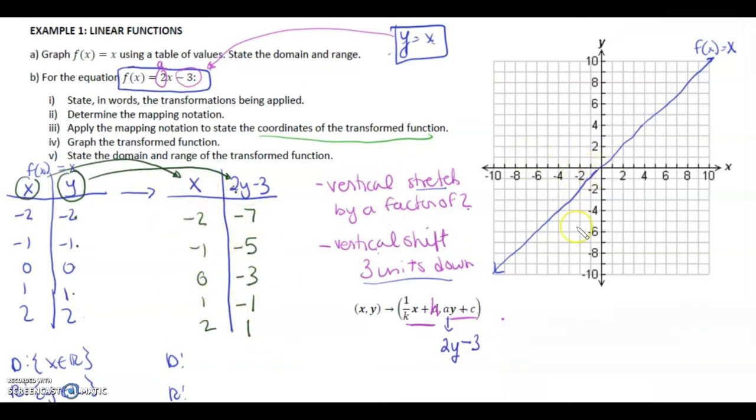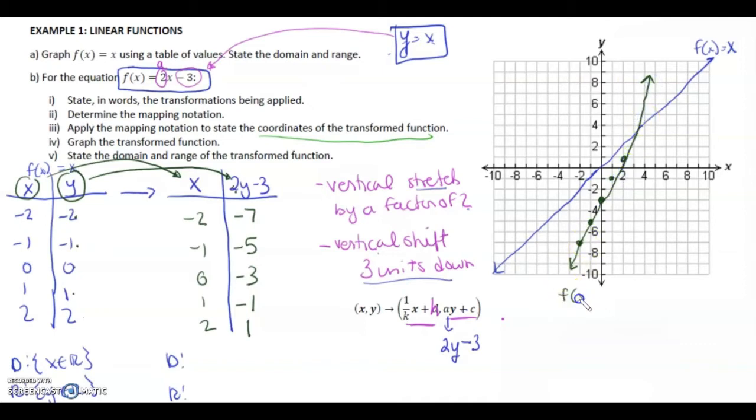And then with these coordinates, we can go ahead and graph our transformed function.